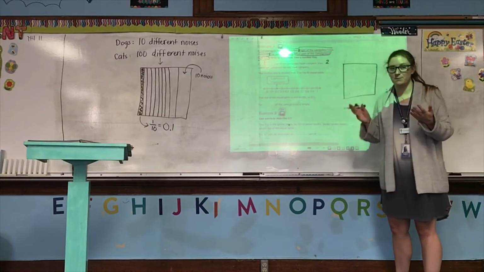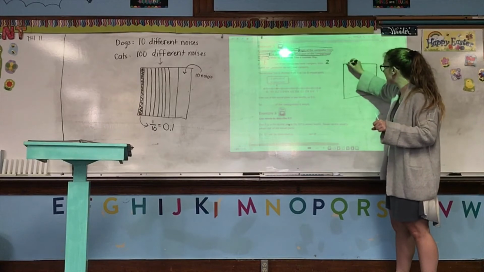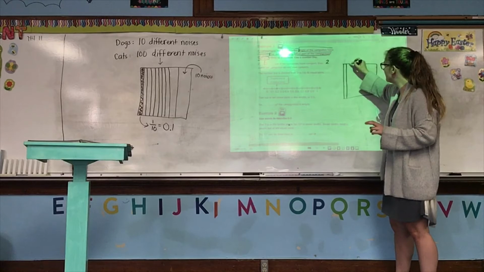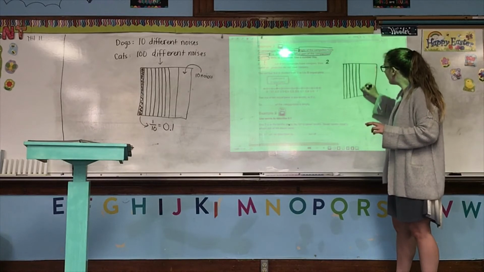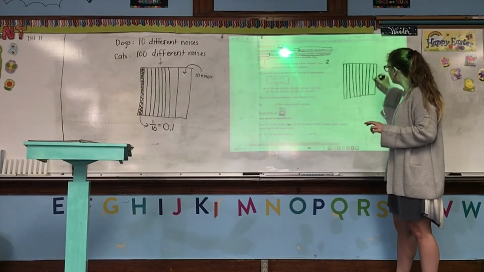As long as we have 10 pieces, it doesn't quite matter if it's equal. Let's go ahead and make it into 10 pieces. 1, 2, 3, 4, 5, 6, 7, 8, 9, 10.